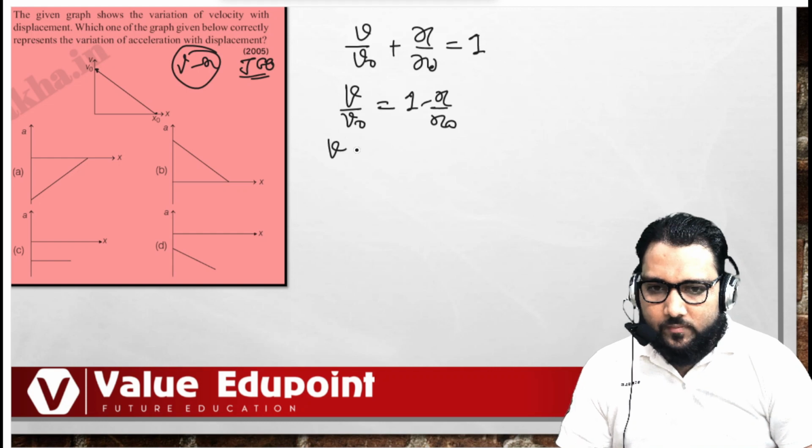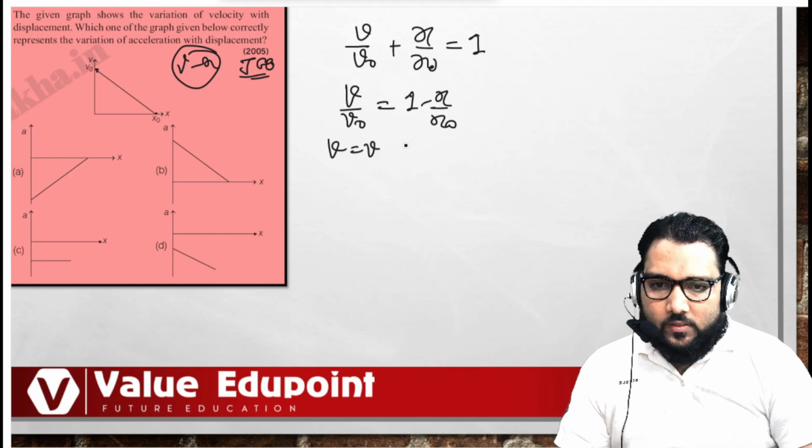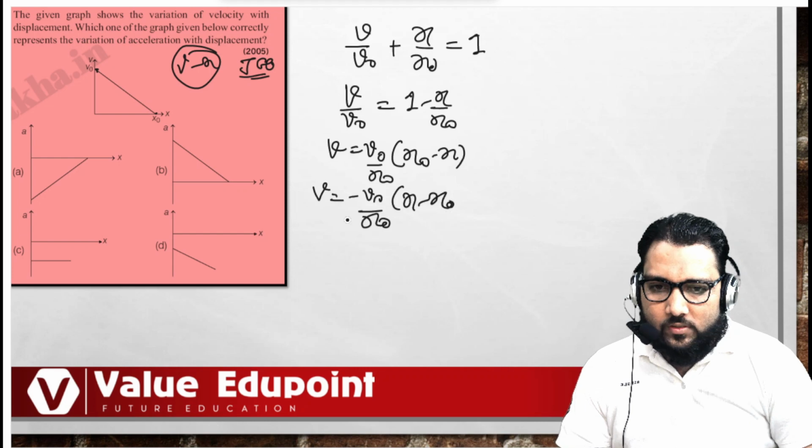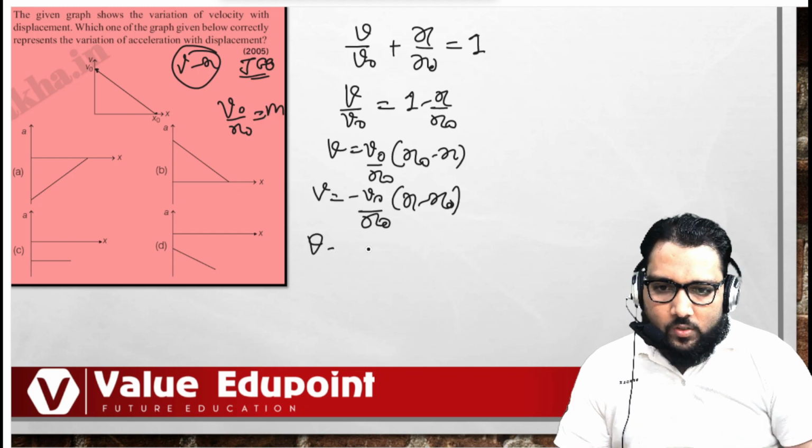So here v is equal to v naught upon x naught times (x naught minus x), or I'm writing this as minus v naught upon x naught times (x minus x naught). Is it okay guys? So I'm taking v naught upon x naught as m, small m. Okay guys, so v is equal to minus m times (x minus x naught).